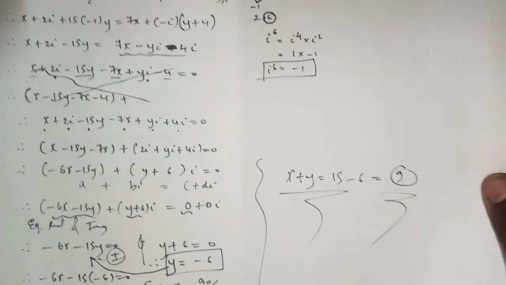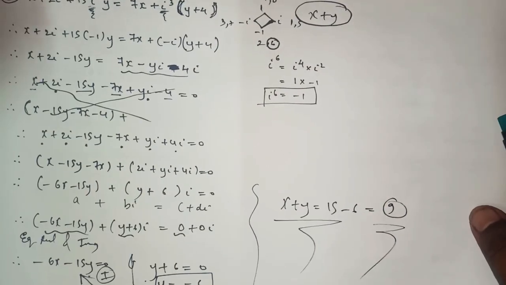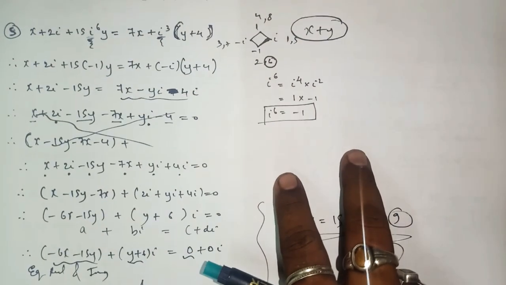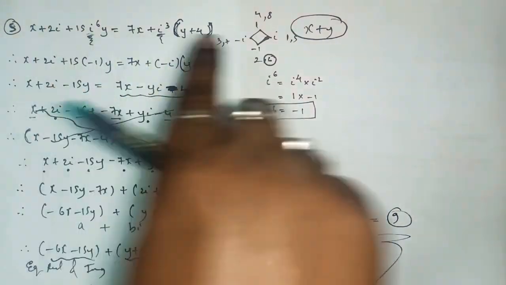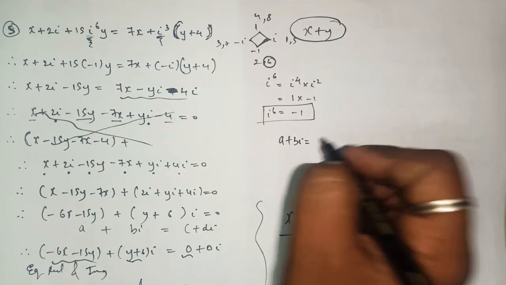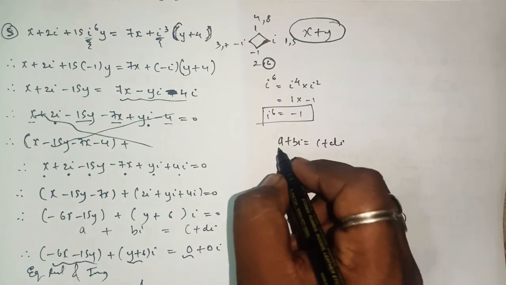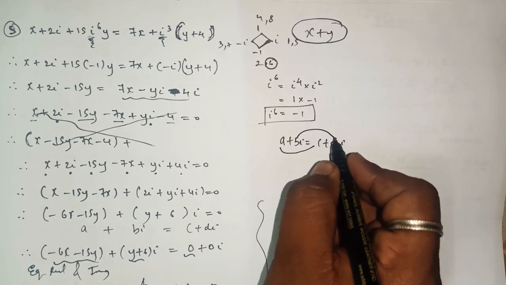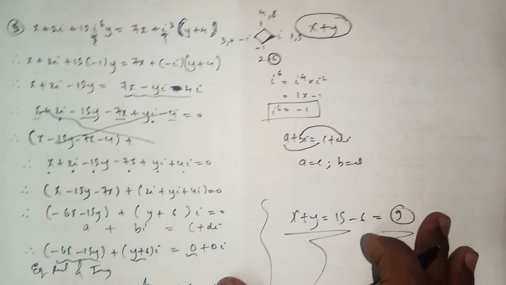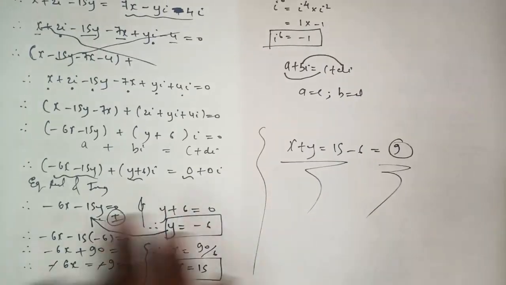Okay, so I hope you all understood all the 5 questions from question number 24. So in this way you have to present your sum. Simply you have to convert this section in the form of a plus bi equals to c plus di. Compare the real and imaginary part. Okay, then you will get the linear equation.